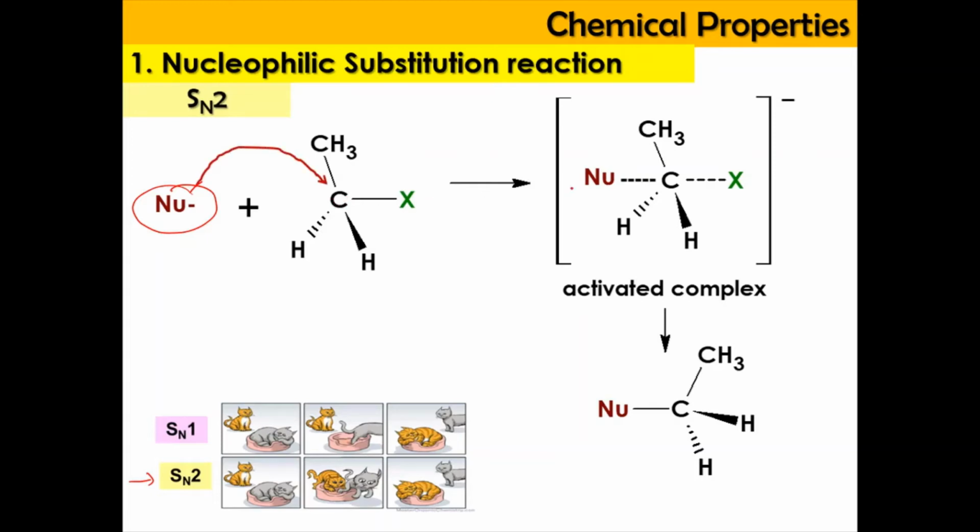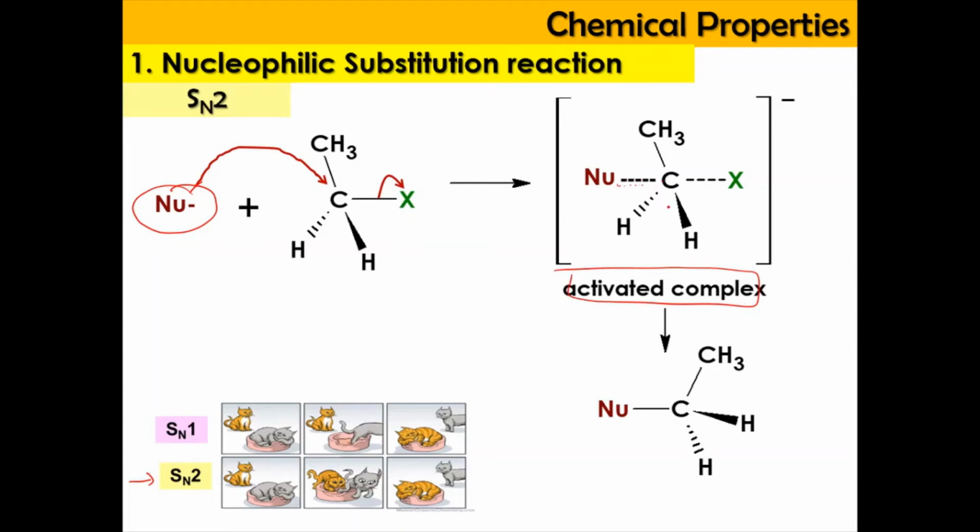When the nucleophile attacks the carbon, it is almost forming the bond with the carbon. At the same time, the C-X bond is almost broken. So this is why we denote it with a dashed line, garisan putus-putus. And this process here is known as the activated complex.